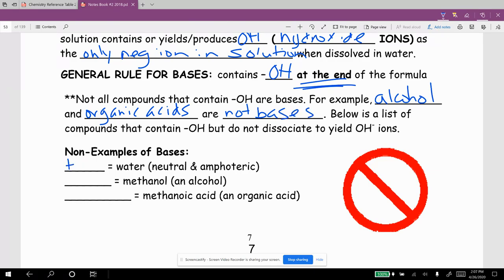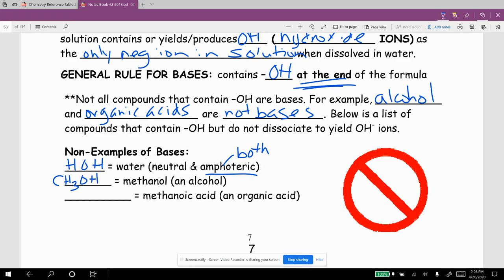Water is HOH. So water is neither an acid nor a base. Water is neutral because it has equal H and OH. It's actually amphoteric, which basically means it is both an acid and a base. Methanol is an alcohol, one carbon, CH3OH.